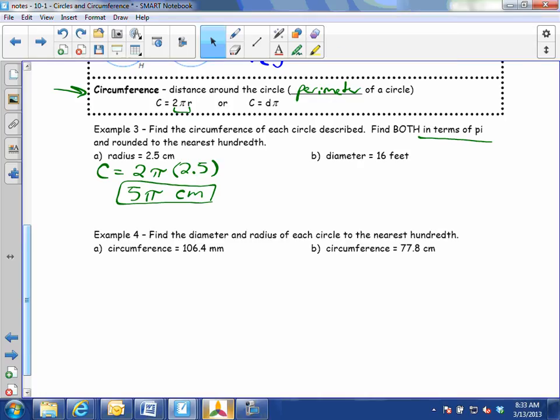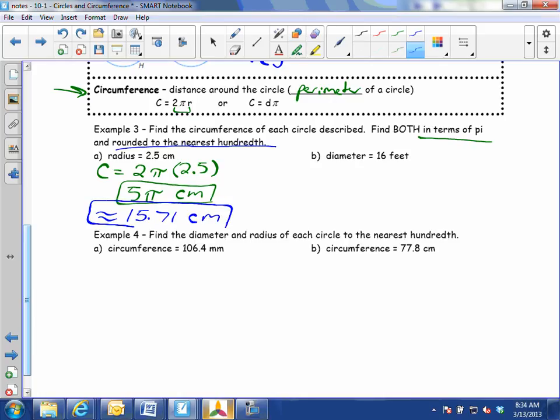If we were going to round it to the nearest hundredth, then I'm going to take 5 times 3.14. Hundredth means how many decimal places? 2 decimal places. What would we round it to? It's about 15.71.